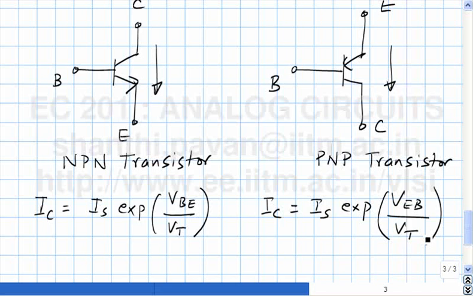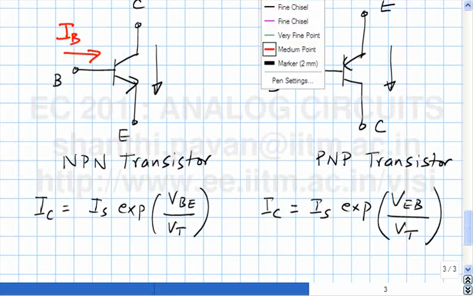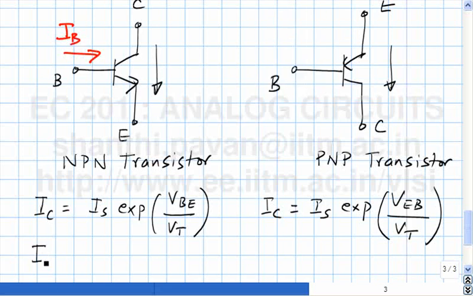The base current in the NPN transistor flows into the base, and IB is of the form IC by beta. So this is IC. So the base current is a small fraction of the collector current, and in an NPN transistor the base current flows into the base.